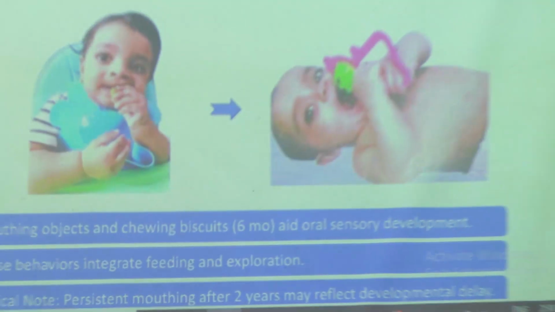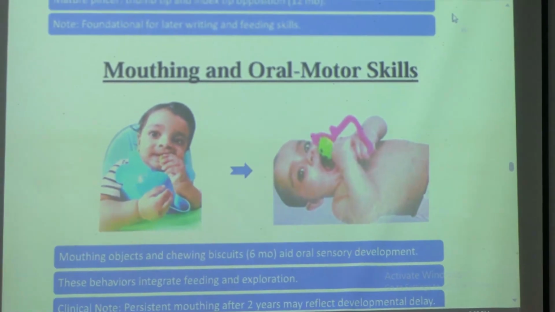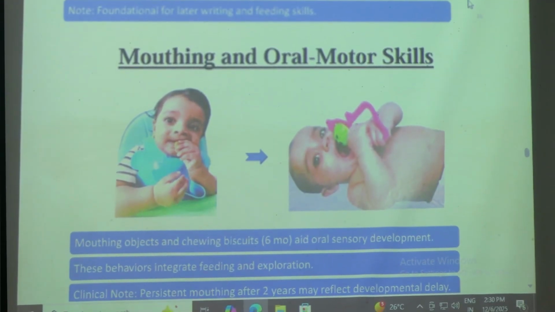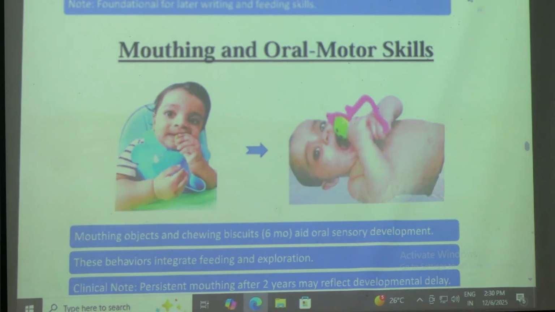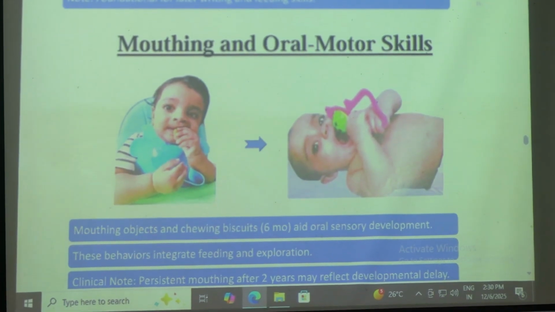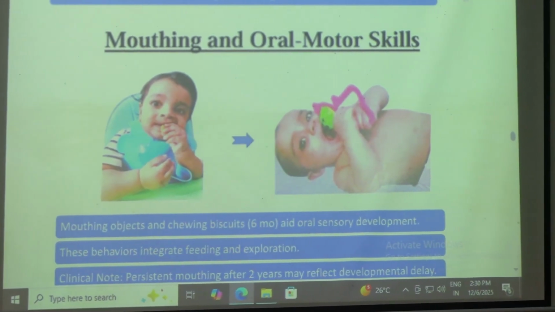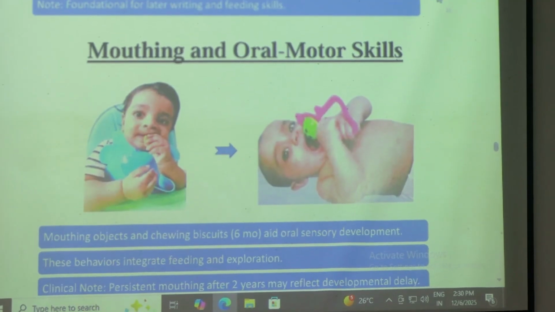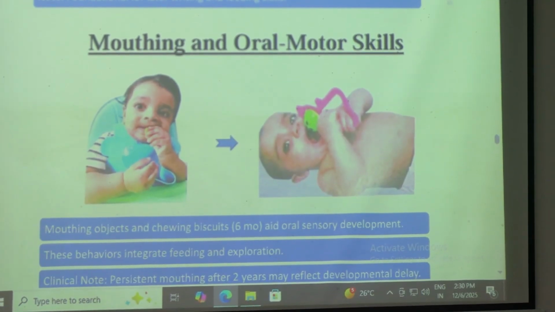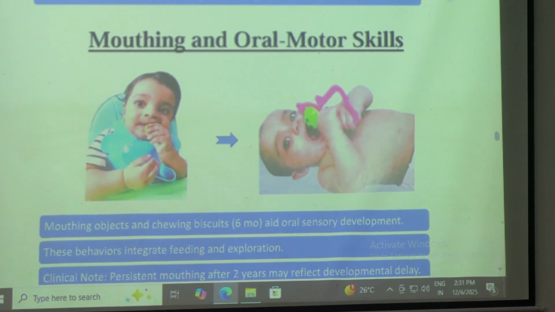That is called mouthing and oral motor skill. कि देखा आप लोग ने कोई छोटा बच्चा कुछ खाना वाना दिया है, खाने के लिए ले रहा है, देखा आपने कभी? Because by 6 months he has developed ulnar grasp, isn't it?